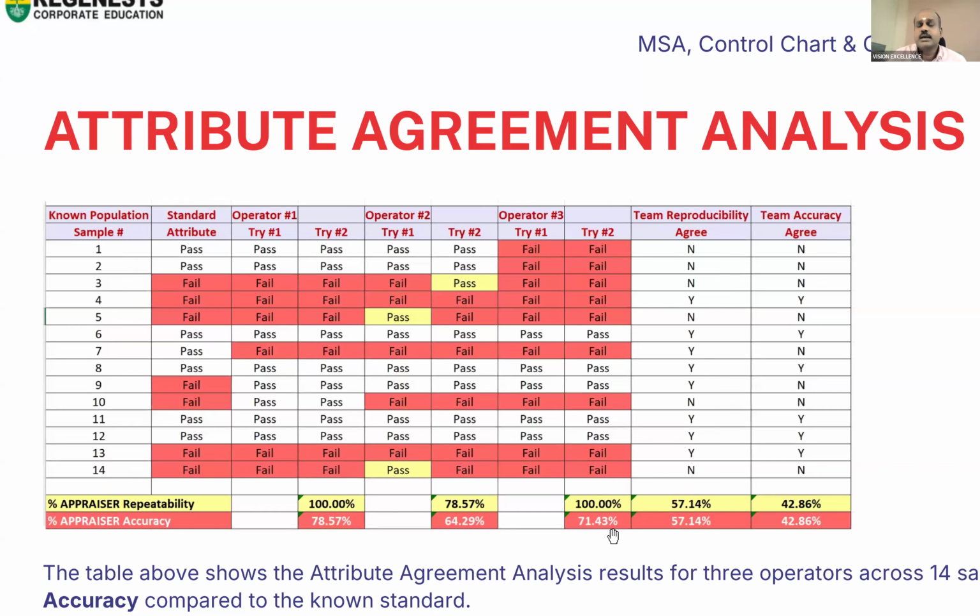So the attribute agreement analysis demands a team accuracy of 90%. Do you understand, all of you? Will you be able to do this? Here the requirement is you need standard parts. Standard parts are required if you want to calculate team accuracy. So this is one thing.